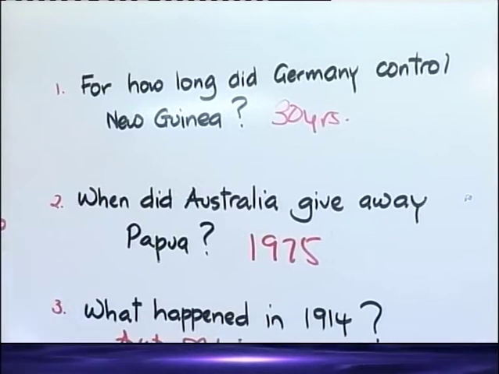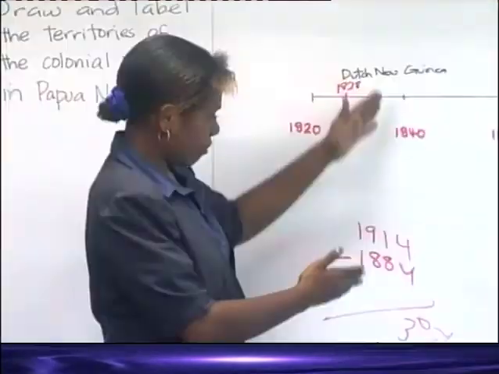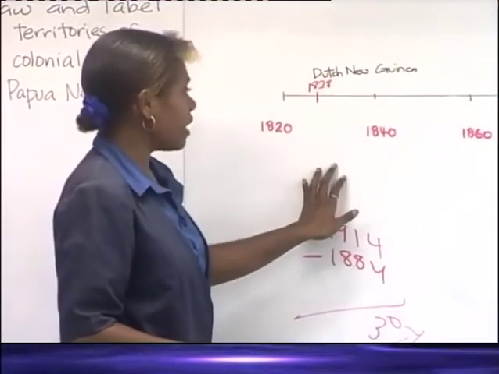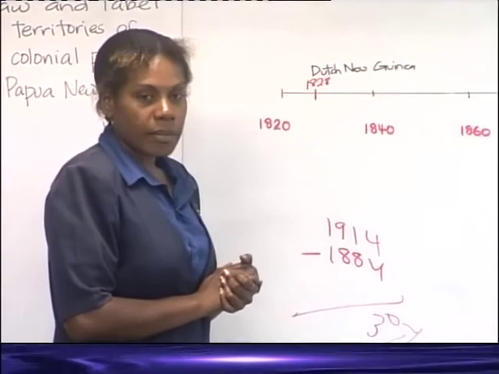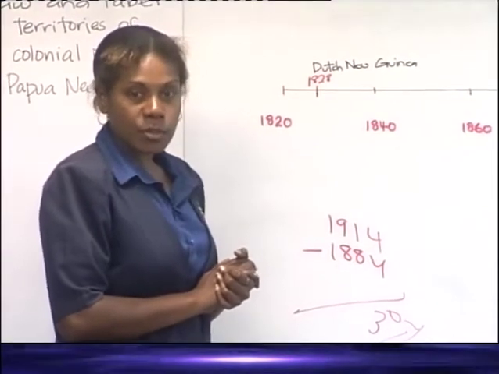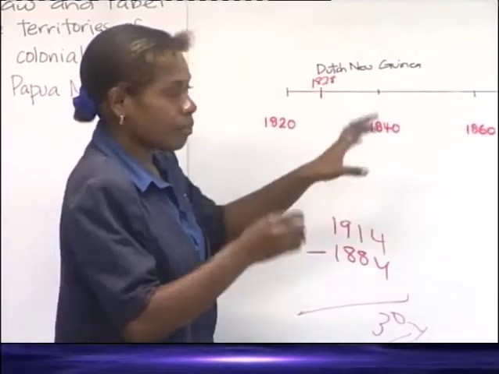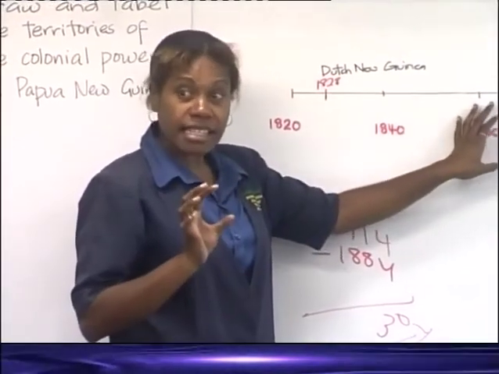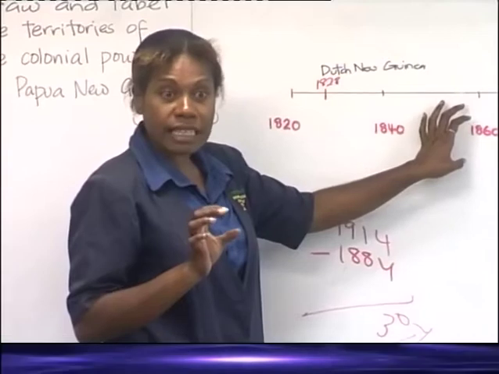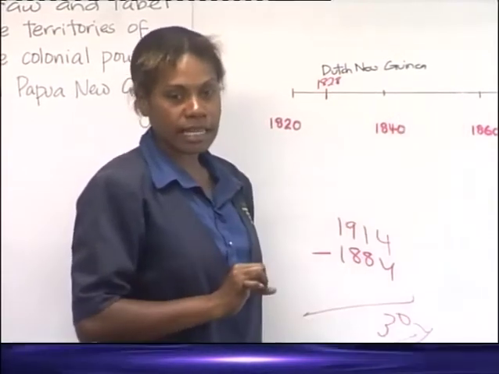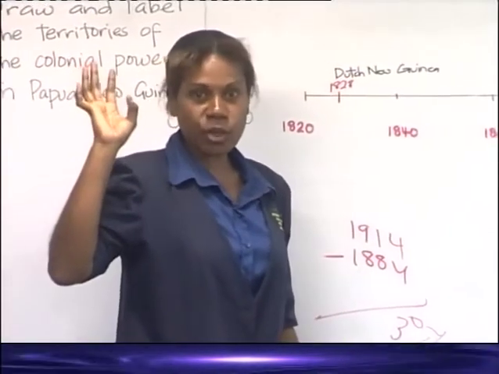In your exercise books, you should have a timeline, maybe horizontally, or some of you did your timeline vertically, that's fine. You should have plotted those colonial dates and events onto your timeline. Hands up if you completed that.